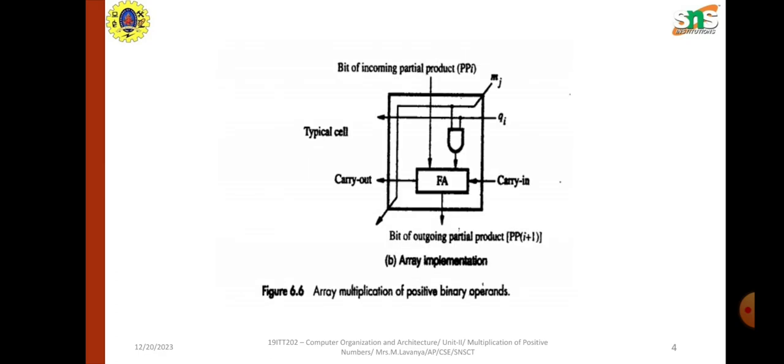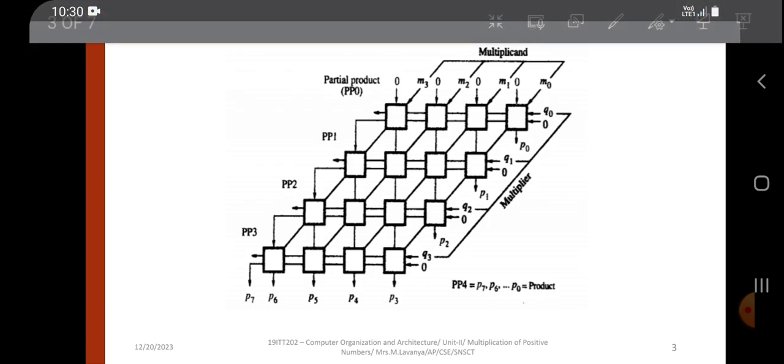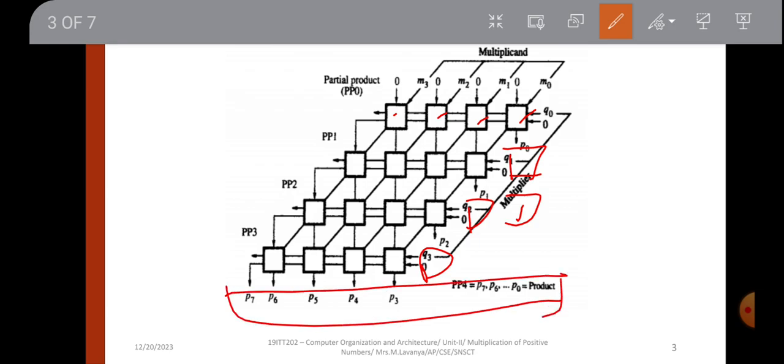We will be placing each bit by leaving out one position. This is the multiplicand and multiplier representation, and these are the product terms which we arrive at. Finally we will add all of this and we will get the final product.